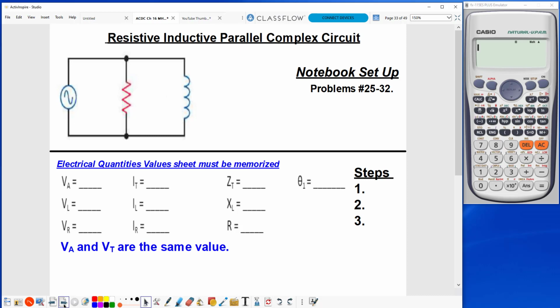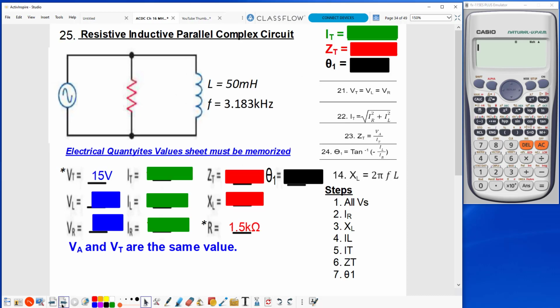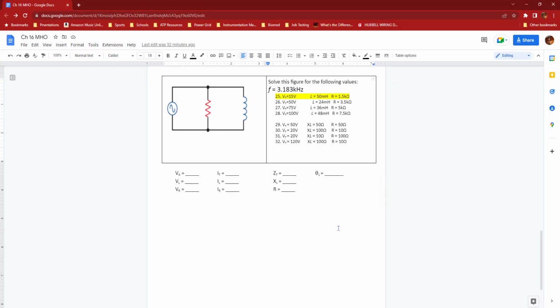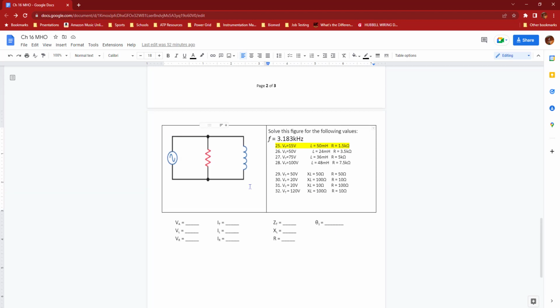All right, so taking a look at problem number 25, I'll be getting my known values from the Chapter 16 Math handout shown here. And just taking a quick look over the math handout, you can see here that problems 25 through 32 are for parallel complex.